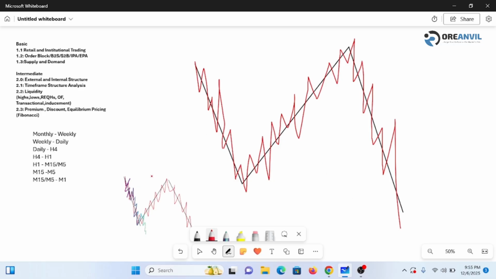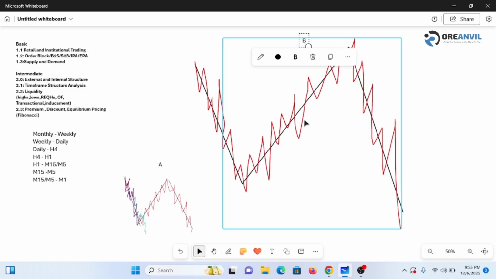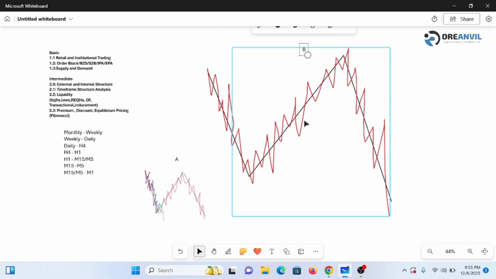So look at these two now. If we say this is A and this is B, if you look at this B, it's annoying, right? The way B is trading, the way B is moving, it's annoying. So let's call this one A and this one B. In between A and B, which is prevailing in the market?